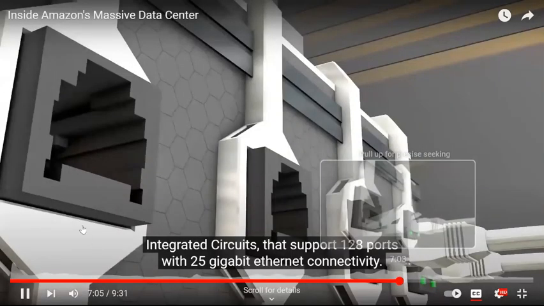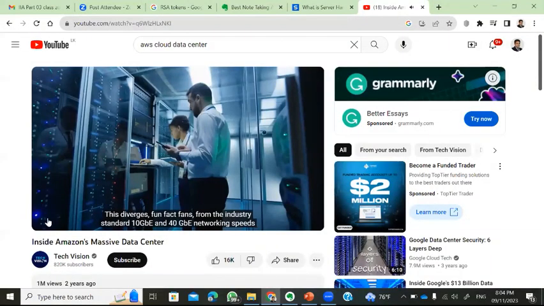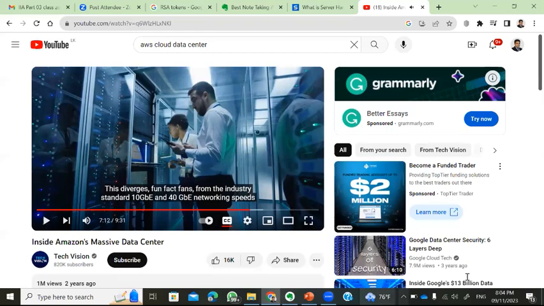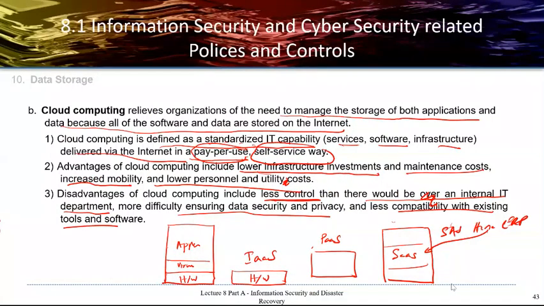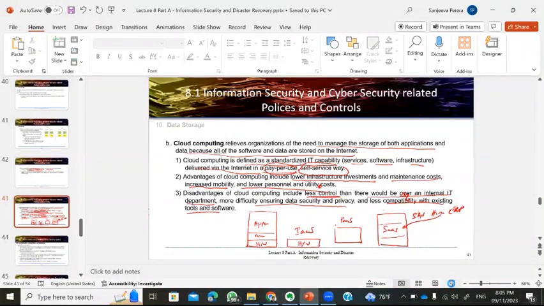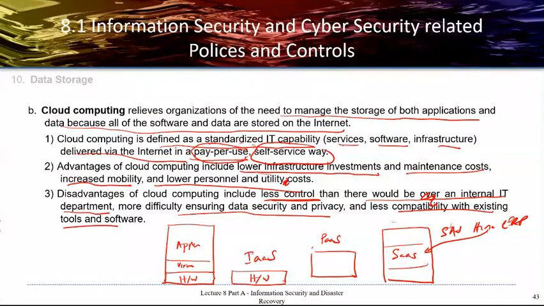This diverges from the industry standard of 10 gigabit Ethernet. A data center holds anywhere from thousands of servers. So they achieve that economic scale, and that will help them to achieve this cost structure.